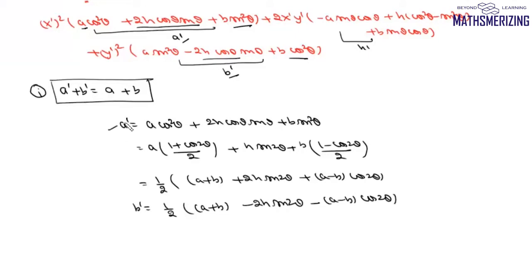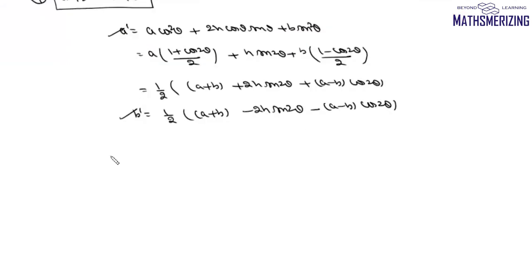Now what we'll do is we'll multiply these two expressions. So we can write a dash b dash as 1 by 4, and here it will be (a plus b) and (a minus b), so it will be a plus b whole square minus [2h sin 2 theta plus (a minus b) cos 2 theta] whole square.